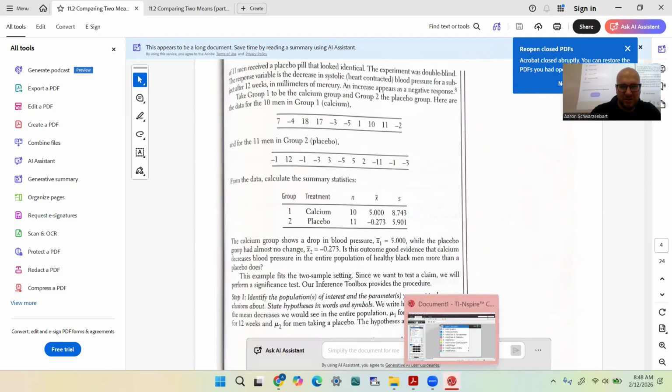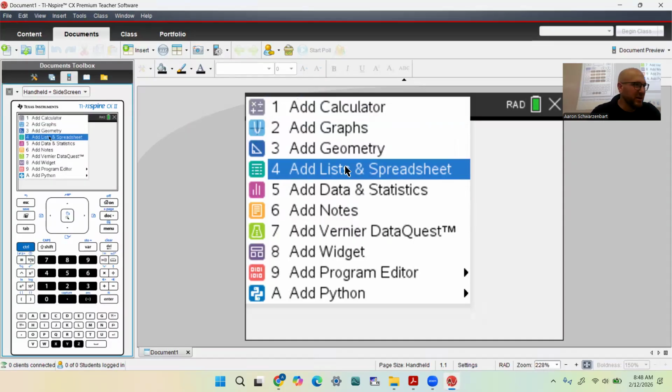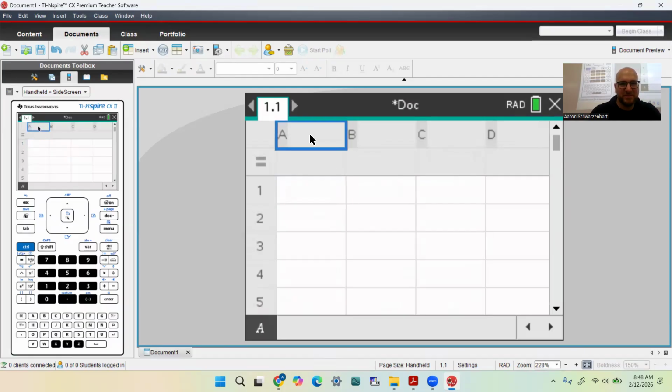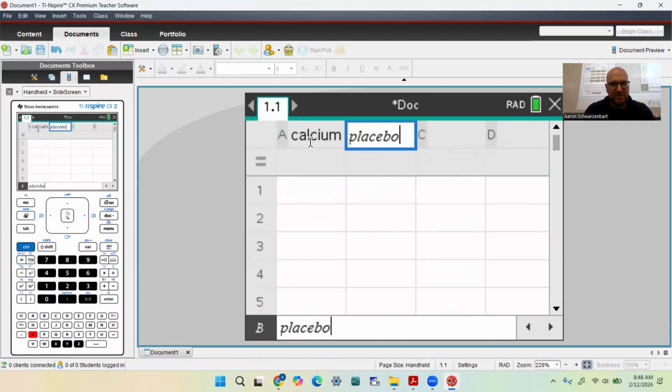So go to your calculator, add a list and spreadsheet.